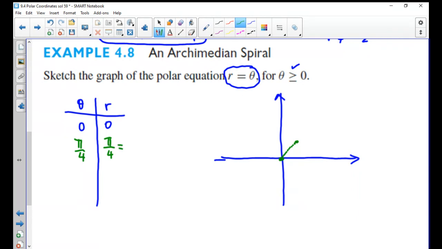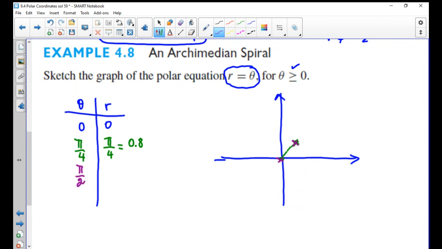By the way, pi over 4, if you take this into your calculator, pi is 3.14, divide that by 4, so roughly 0.8. So r is 0.8. So I measure 0.8 and I put the point here. So let's say first point, second point.